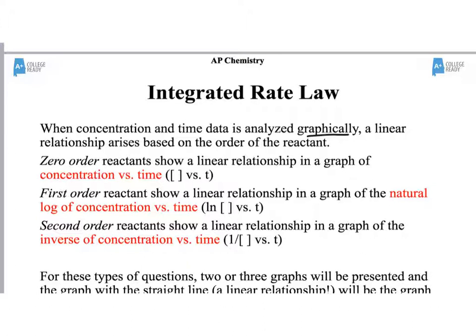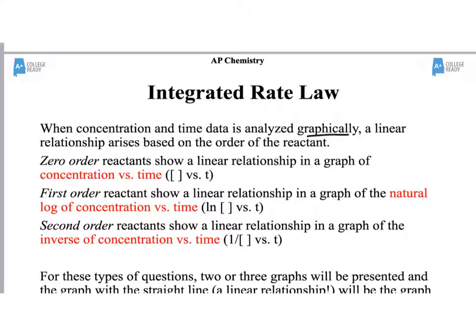So we're looking for a graph of natural log of concentration versus time that's going to have a straight line. If the reactant is a second order reactant, then the linear relationship on the graph is going to be the inverse of concentration versus time.